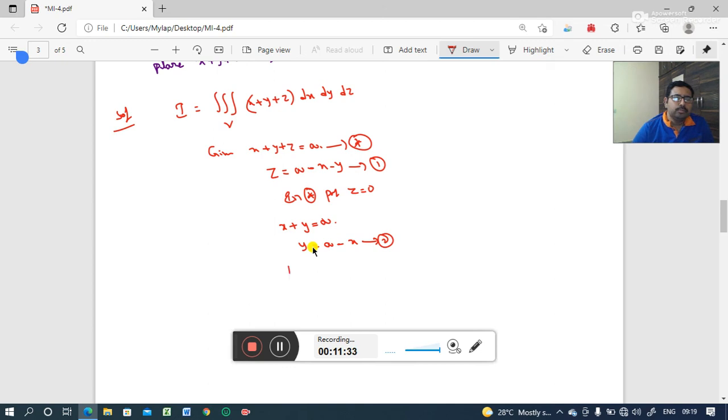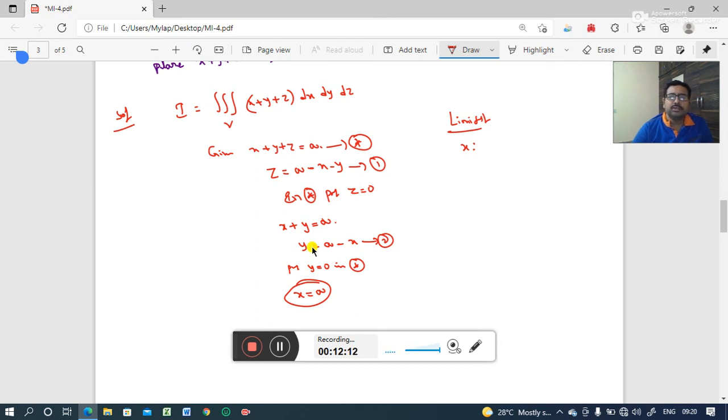Now again put y equals 0 as well as z equals 0 in equation star, it becomes x equals a. So x equals a acts as the upper limit of x. Therefore, if you rewrite the limits here, limits of x are, so always the initial values, the lower limits of x, y, z you consider from the origin.